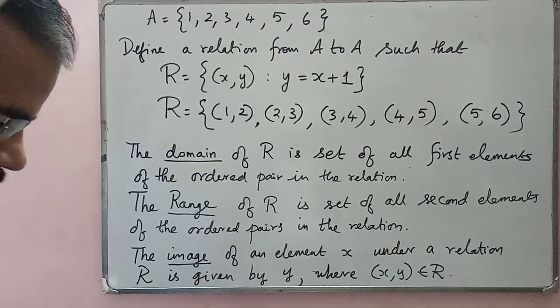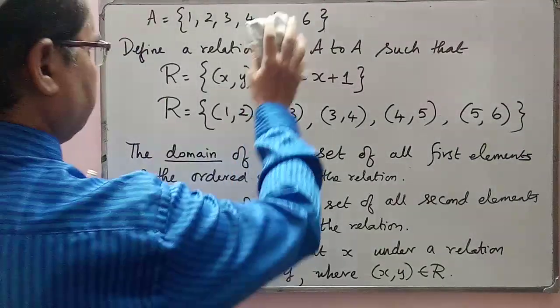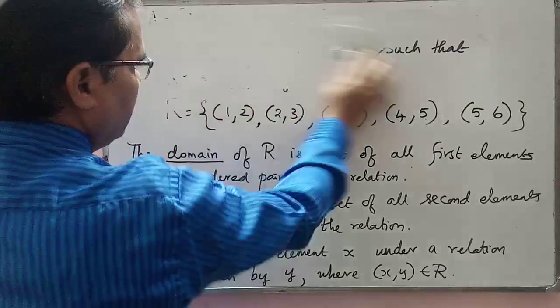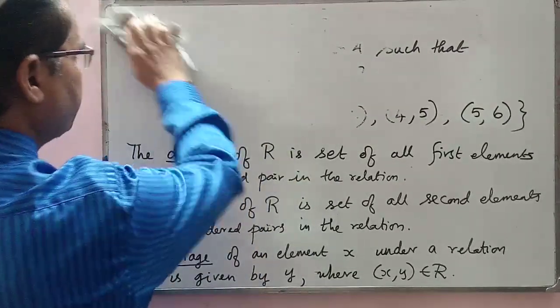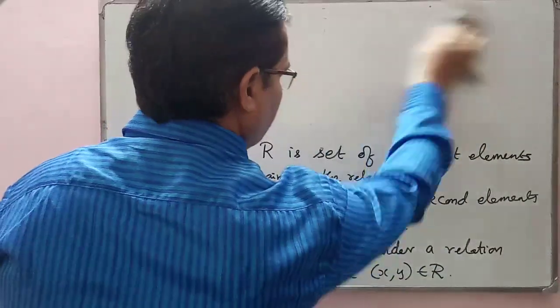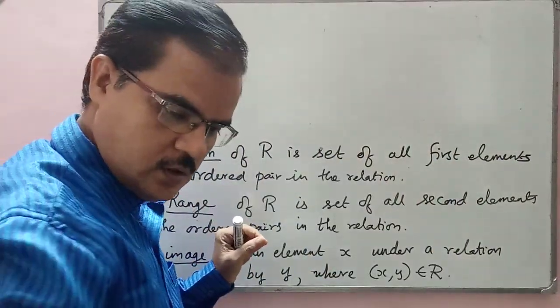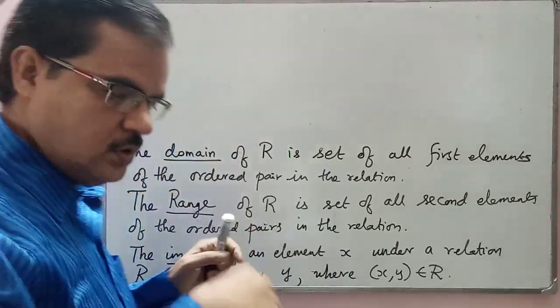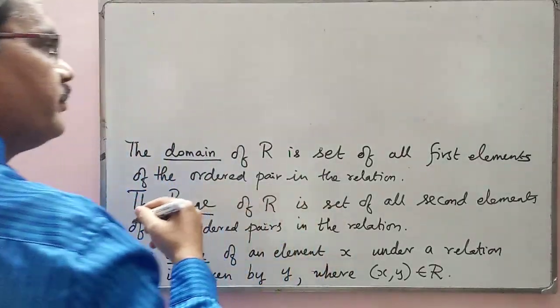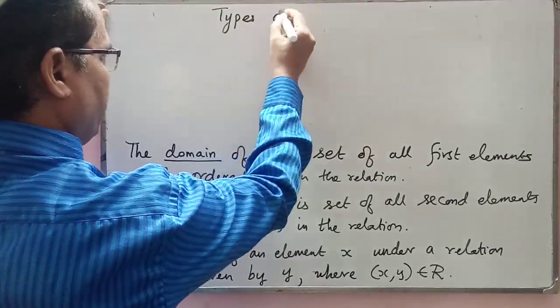Okay, children. Now, next topic we are going to see is types of relations. There are three types of relation, children. One is the empty relation or void relation. Number two, the universal relation. Number three, the equivalence relation.